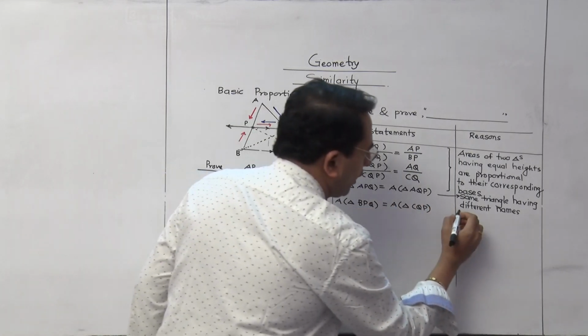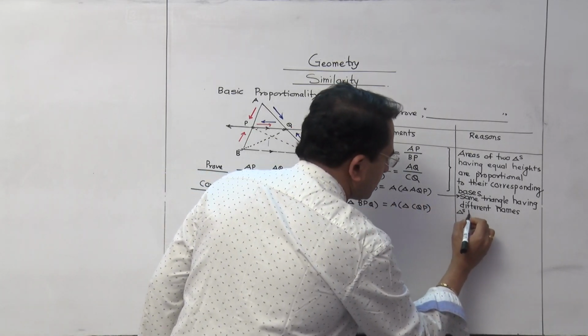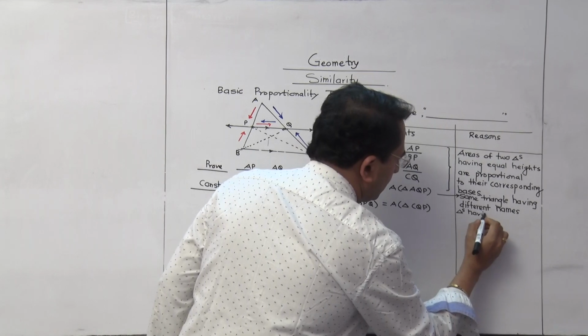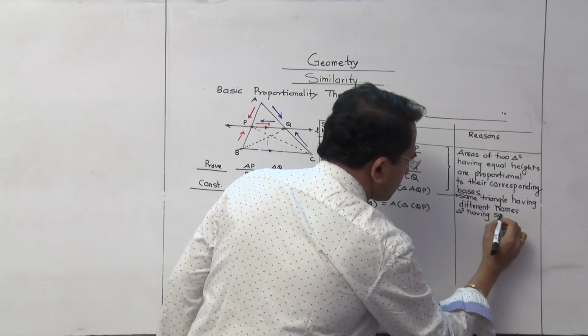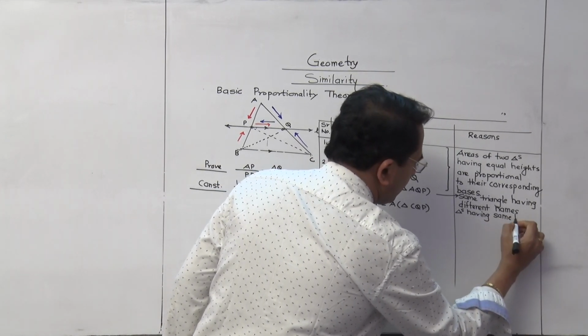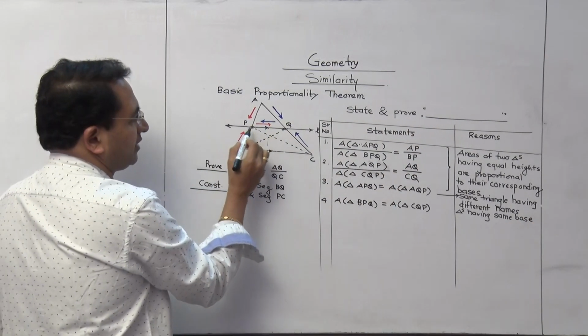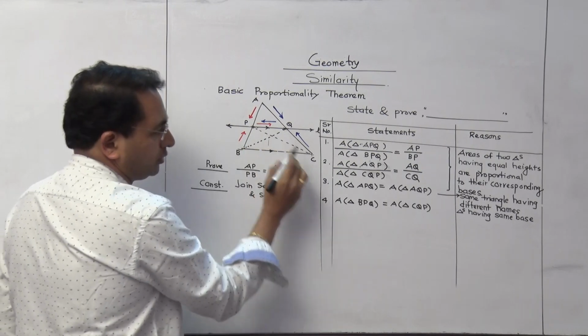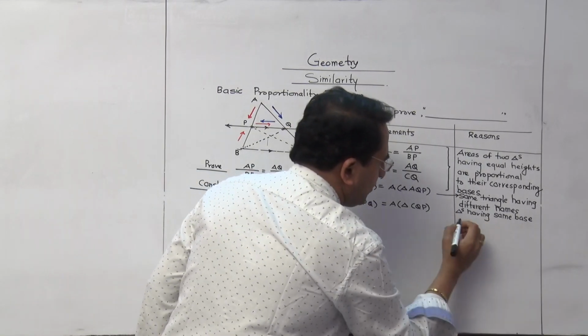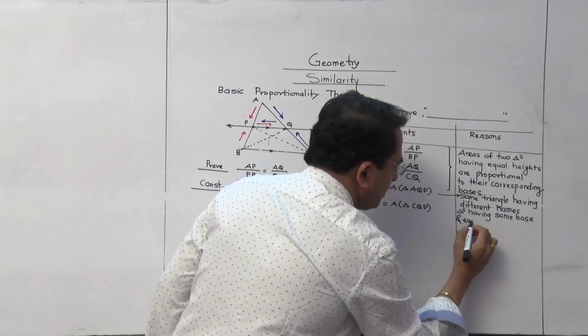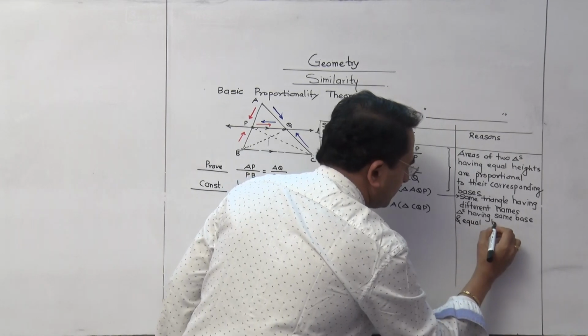So here we have to write triangles having the same base and equal heights.